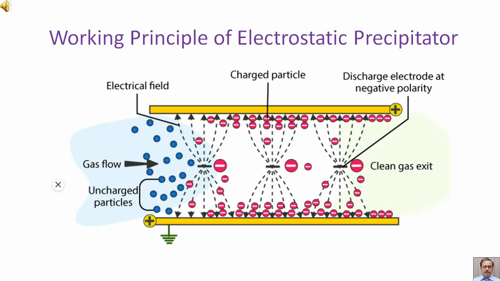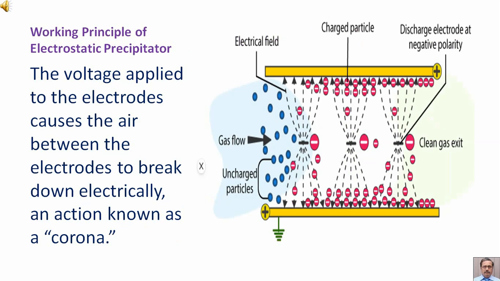Working principle of electrostatic precipitator. This diagram shows the working principle. The voltage applied to the electrodes causes the air between the electrodes to break down electrically, an action known as a corona.